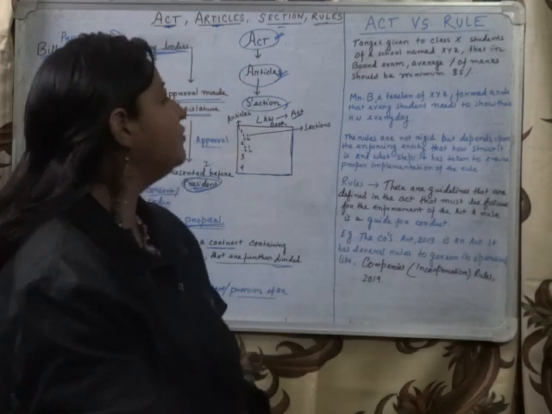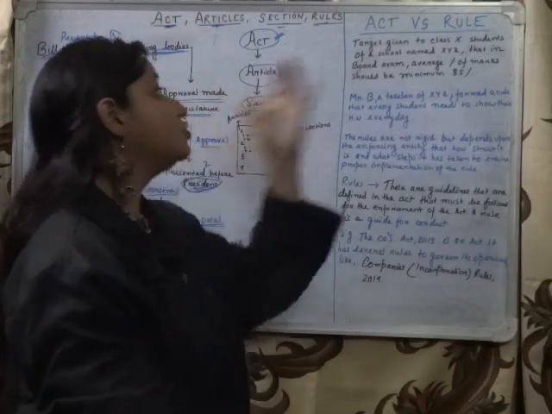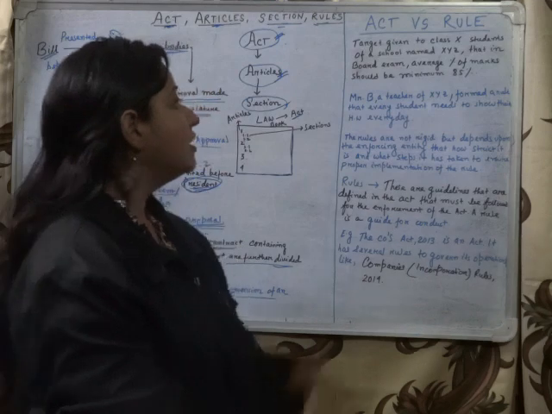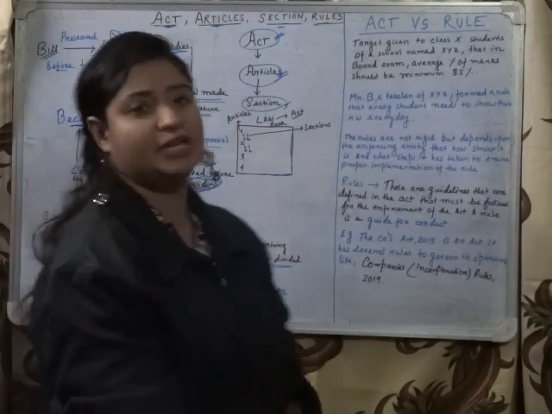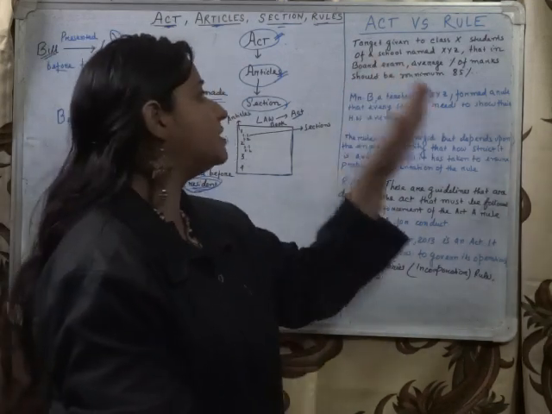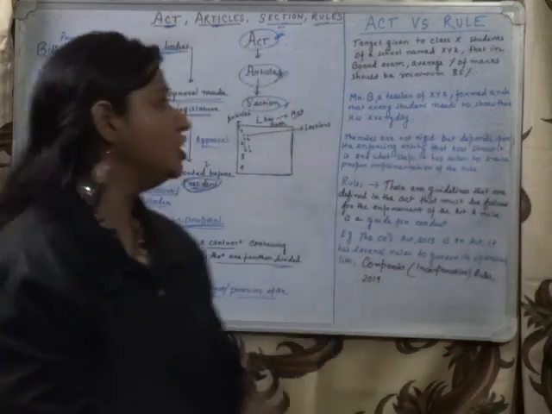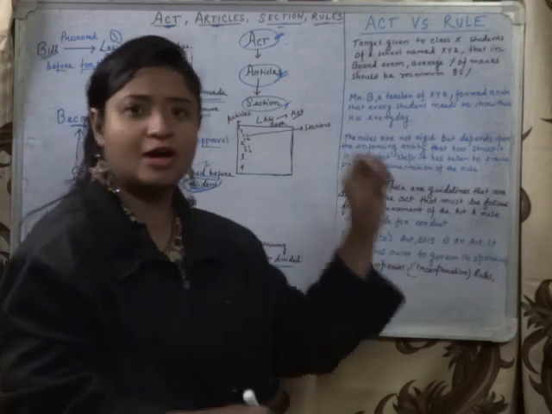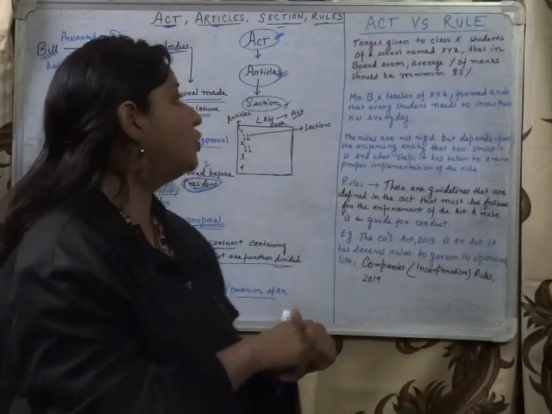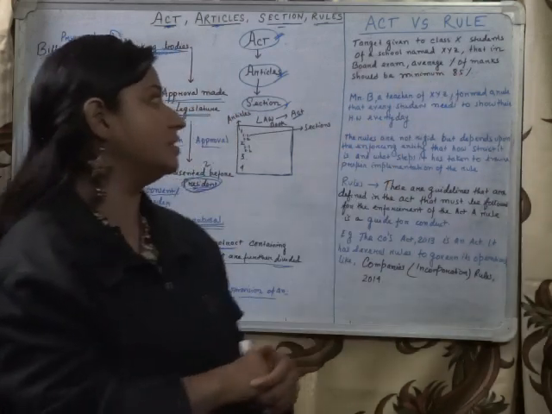What target has been given by the school XYZ to class 10 students? That in the board examination, the average percentage of marks of the whole class should be minimum 85%.